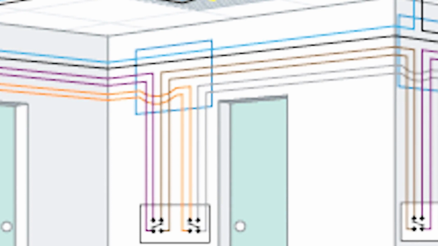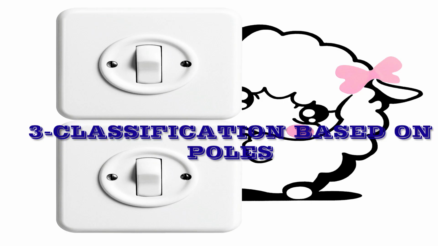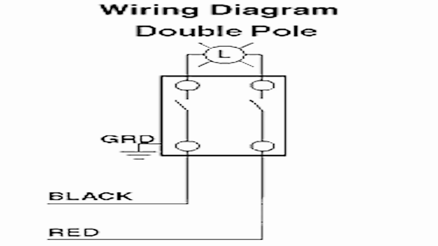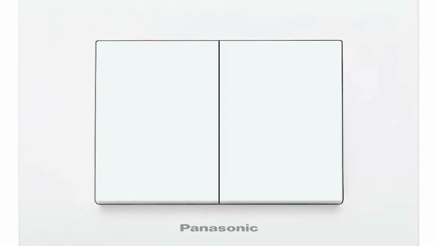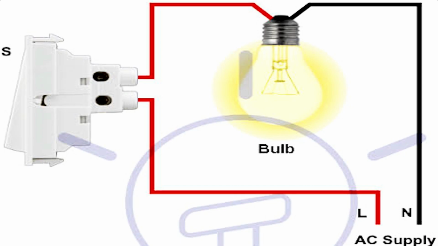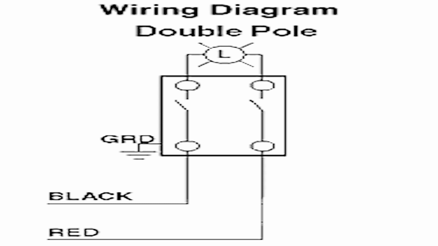We can also classify switches based on the poles, where we can only have the single and double pole switch. The single pole switch, which is the general purpose switch, I mean the one we mostly see in our apartments, is of two wiring systems, or sometimes three when connected to the earth, whereas the double pole, which commonly serves industrial purpose, is of four wiring system, I mean two live terminals and the earth.